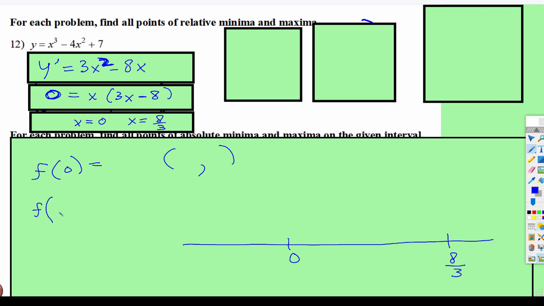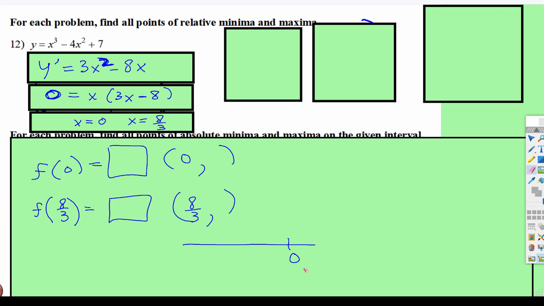And then f of 8/3 will give you a value. All right, so this is f of 0. This is f of 8/3. In the parentheses, putting coordinate points. So you could do this curve sketching method, but we really don't even need to do that.